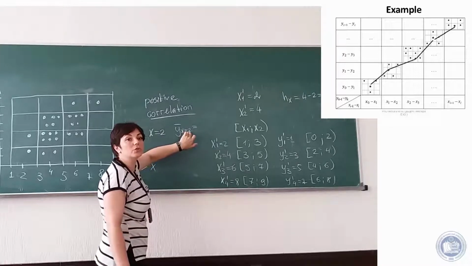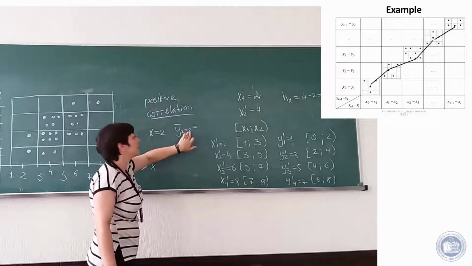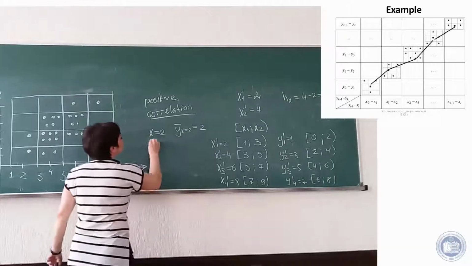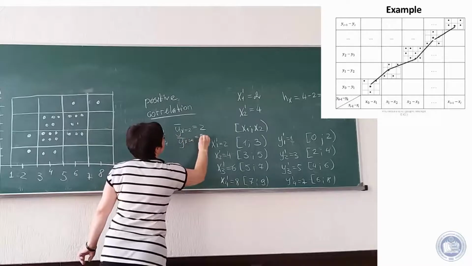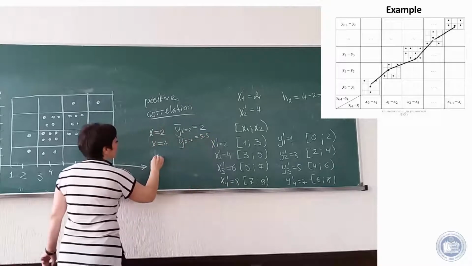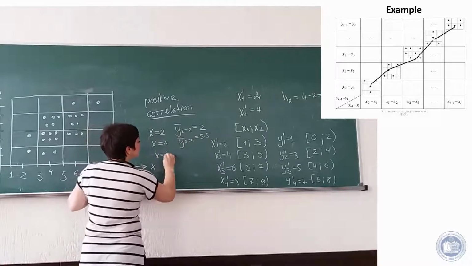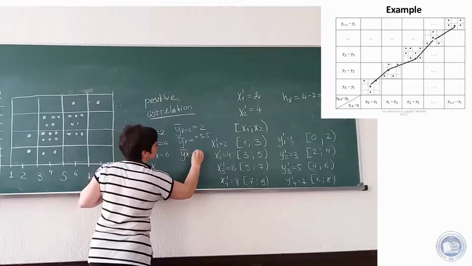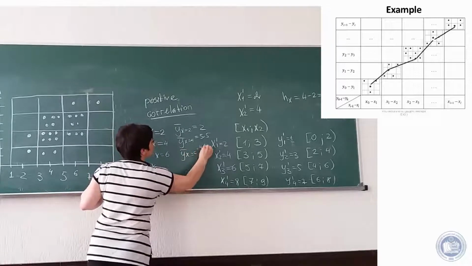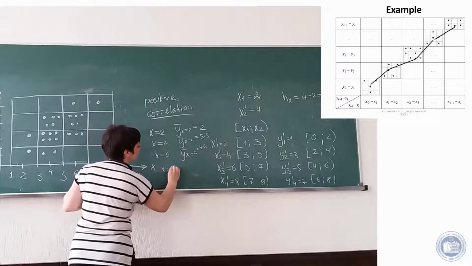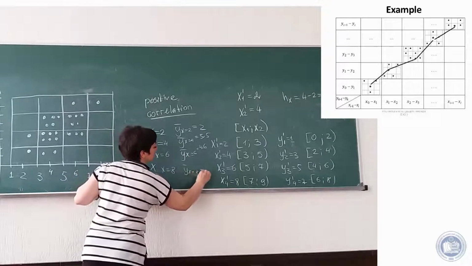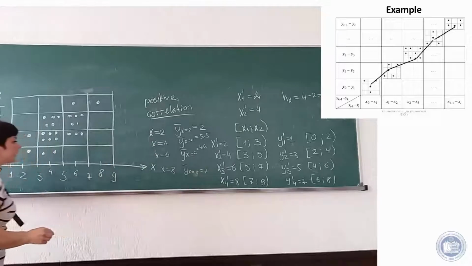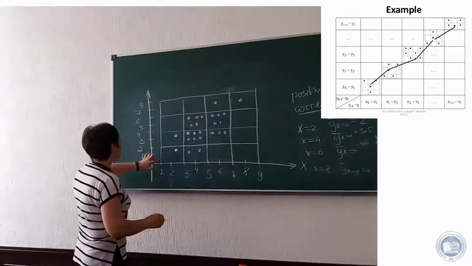График, который вы предыдущий строили. 2, okay. x equals 4, y equals 3.5, thank you. And x equals 6, y equals 4.6, thank you. And x equals 8, y equals 7. Okay, let's mark. Students, let's mark all points with the help of triangles.